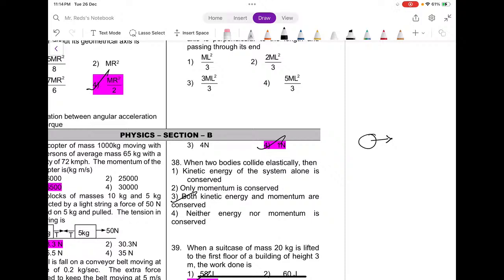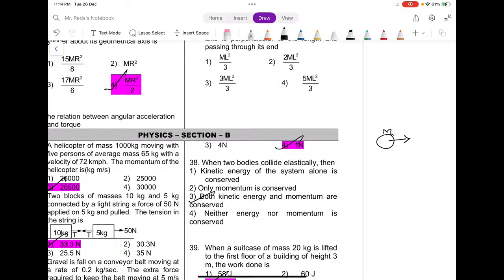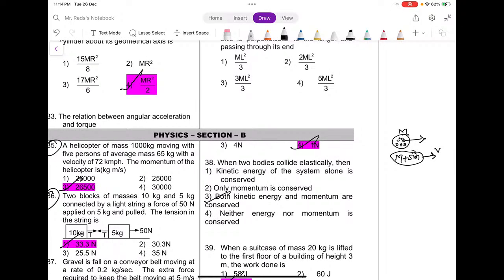The helicopter is having some mass, let us say capital M, and it is carrying 5 persons, each having average mass, let us say small m. Then the total mass of the system should be M plus 5m, moving with velocity v, that is equal to 72 km per hour.